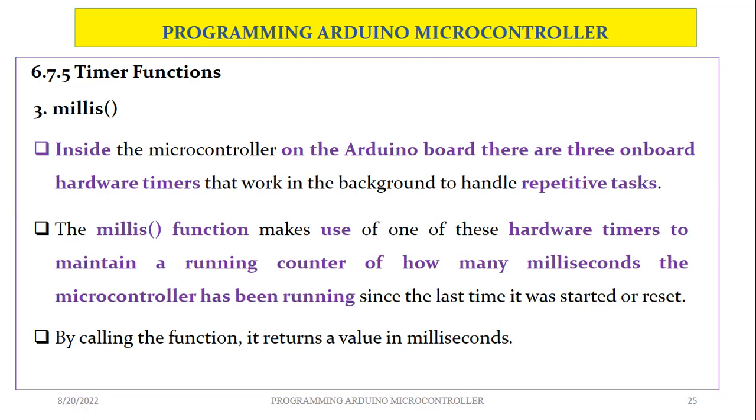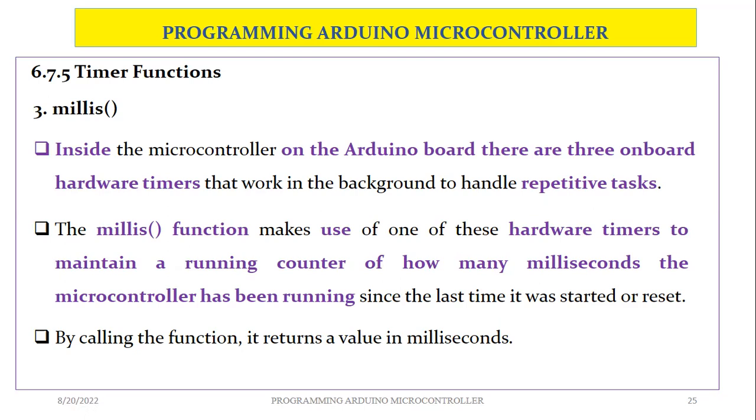So the millis function is one such function that uses one of the hardware timers within the Arduino microcontroller to be able to tell us how long the microcontroller has been running since the last time it was turned on, or it started executing a program, or since the last time it was reset.